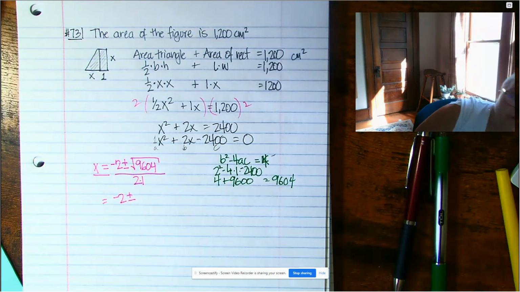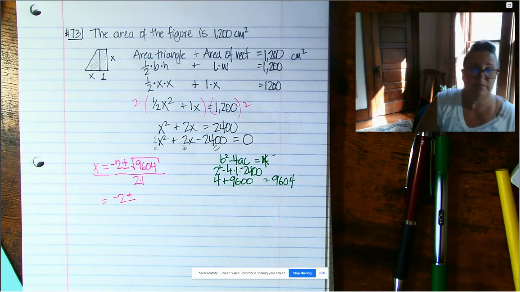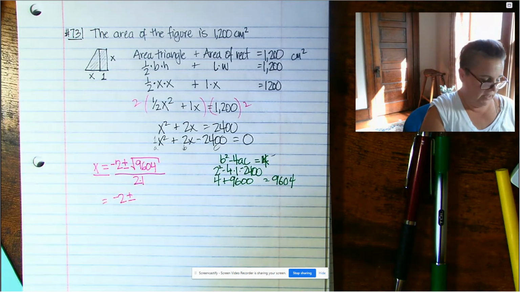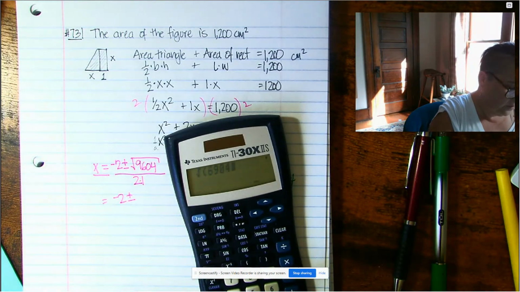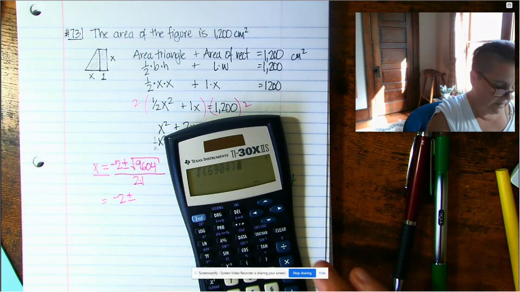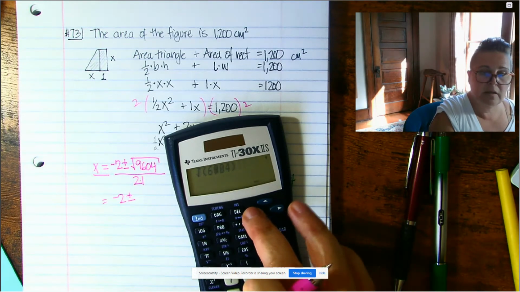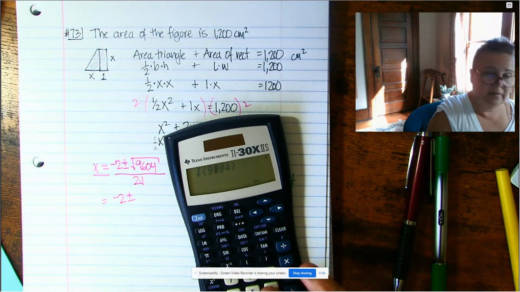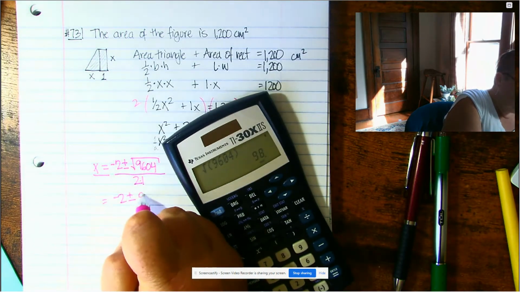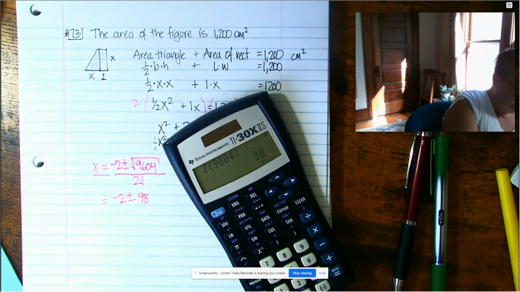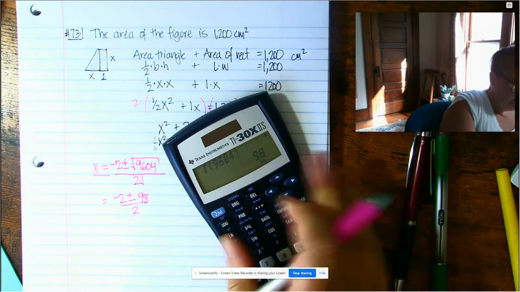Ooh, before I break something. All right, so when the numbers are big like that, I tend to check them out, right? Square root of 9604. What's 69? 9604, and it's 98. Okay, so it's negative 2 plus or minus 98 all over 2.